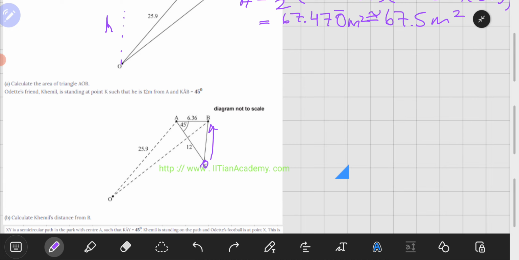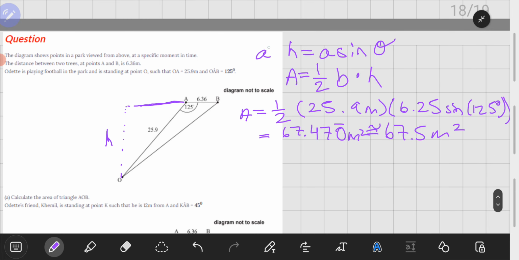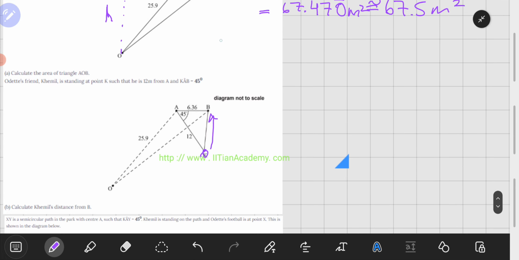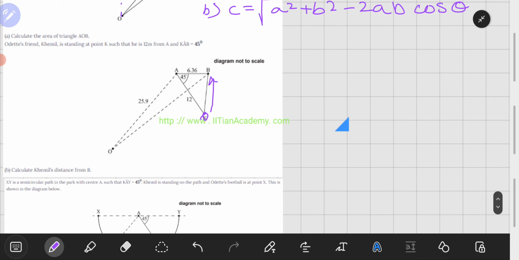Now, to calculate Kemal's distance, we can use the cosine rule. That was question A. For B, we'll use the cosine rule, where C is equal to the square root of A squared plus B squared minus 2AB cos theta.